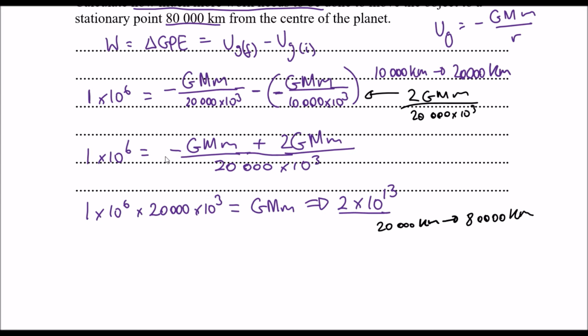You could also just use the 10,000 and do that, but we'll do it this way. The work done is equal to negative GMm over the 80,000 plus GMm over the 20,000.